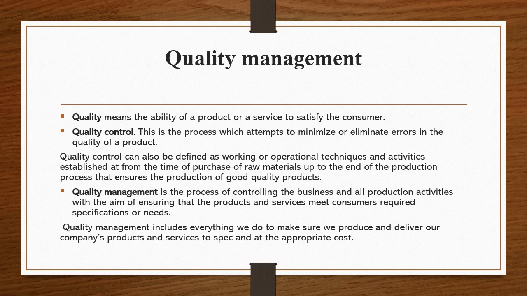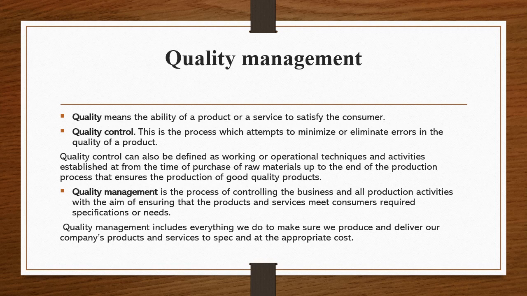Okay, so let's move on to the next concept, which is quality management itself. Quality management, we define as the process of controlling the business and all production activities with the aim of ensuring that the products and services meet consumers' required specifications or needs.